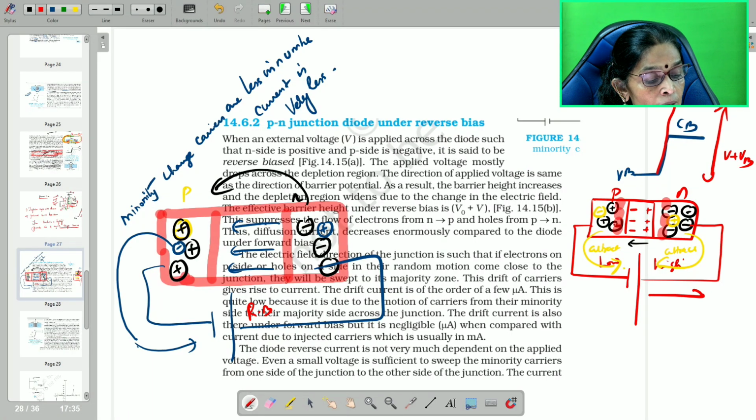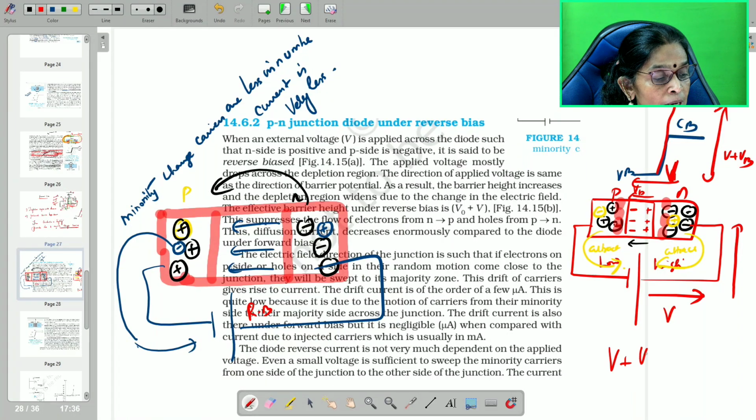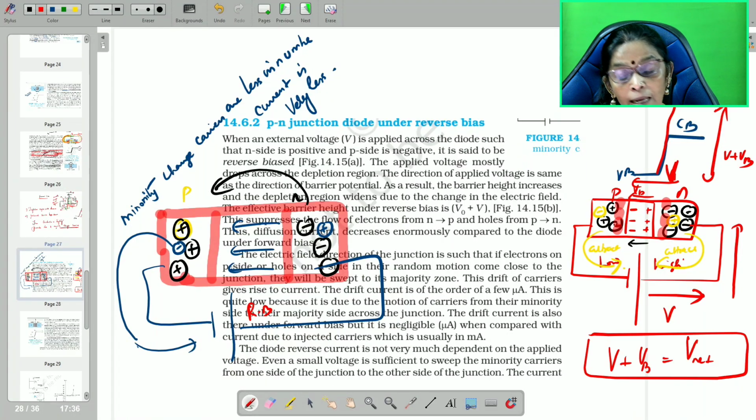You see here, this is V. Already VB is here. In addition to that, the external voltage increases the barrier. So V plus VB, that is equal to V net. Therefore, in reverse bias, the potential barrier keeps on increasing. Barrier height increases. So conduction due to majority charge carriers is not possible.